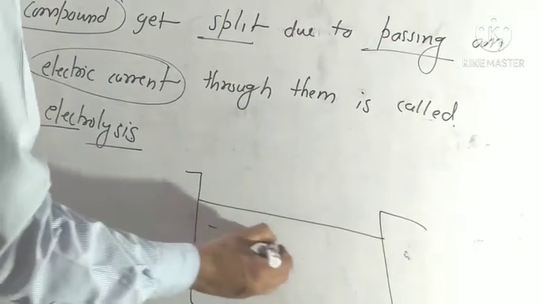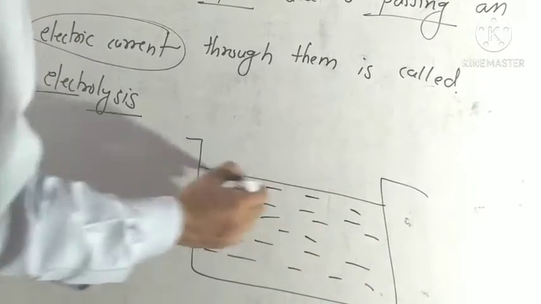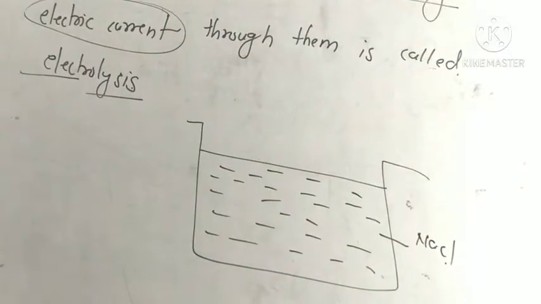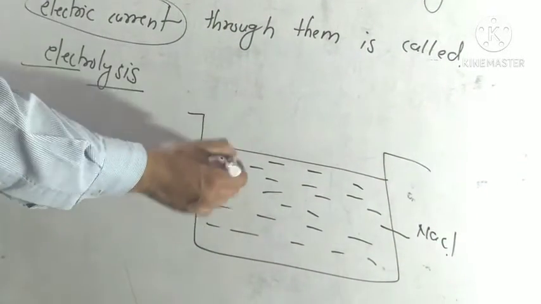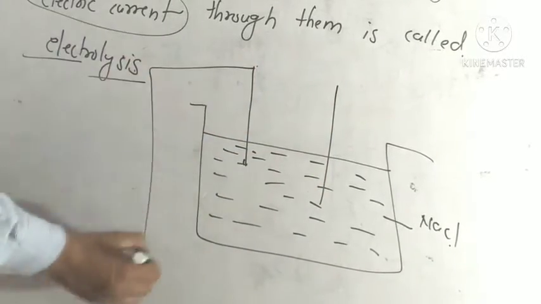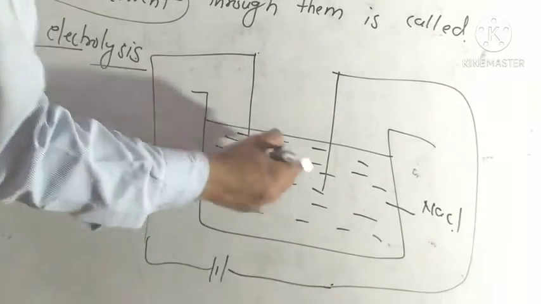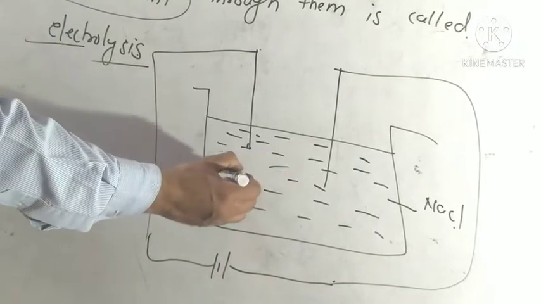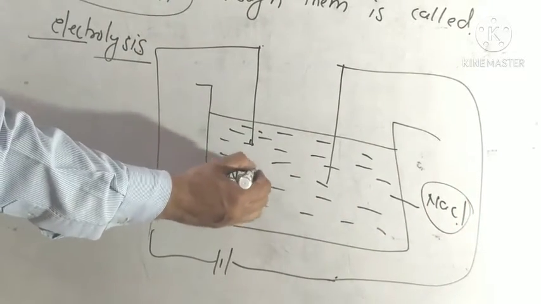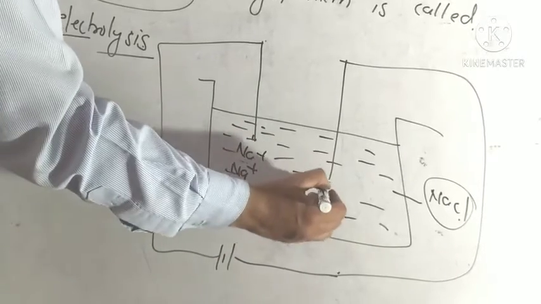The beaker is filled with a solution, and we take NaCl, sodium chloride. When electricity passes through this solution, the NaCl breaks down into ions, Na+ and Cl-.